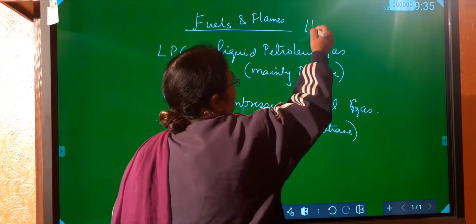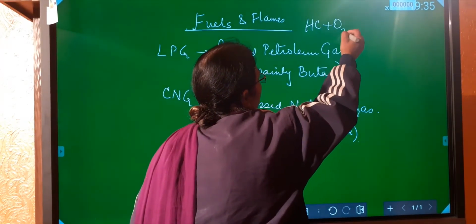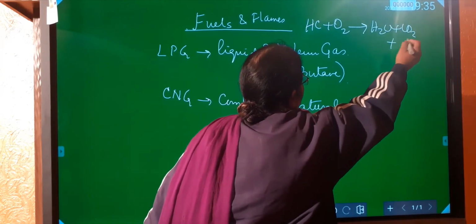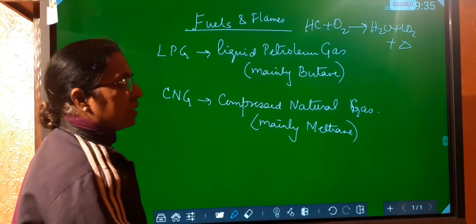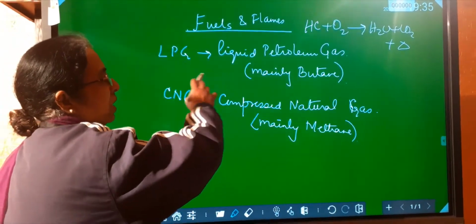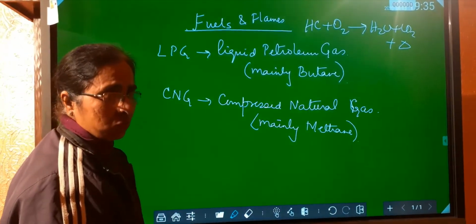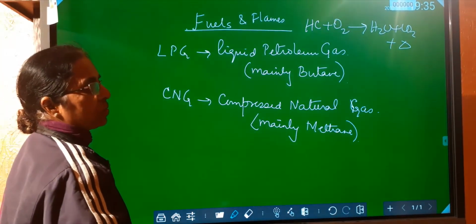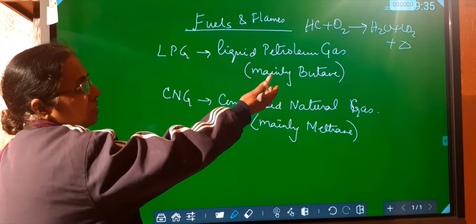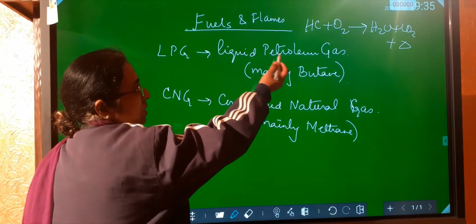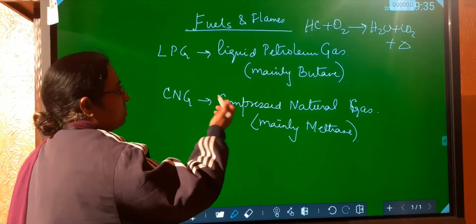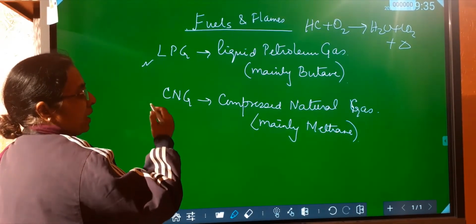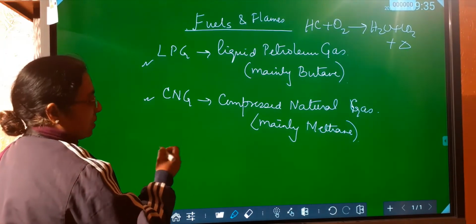Hydrocarbons react with oxygen to produce H2O and CO2, and a lot of heat is generated. This heat energy we can use for different purposes, for cooking food, for automobiles, and for light also. So that is the reason we are using these as fuels. Common ones, as I told you, are LPG, liquid petroleum gas, and CNG, compressed natural gas.